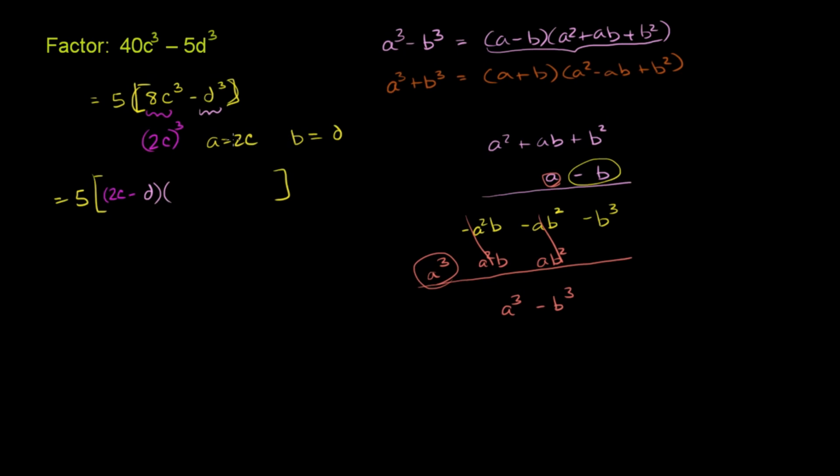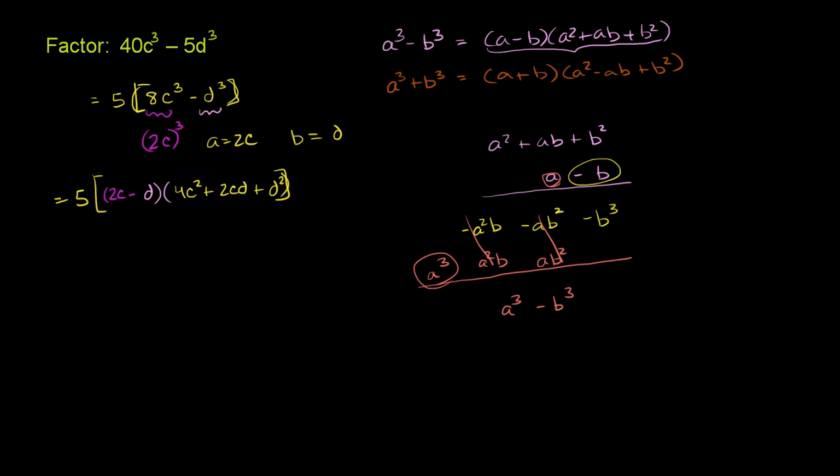So if we have a squared, that's 2c squared, or that's 4c squared, or 2 squared times c squared, either way, plus a times b, so plus 2cd, and then plus b squared, so plus d squared. And actually, I'm forgetting a parentheses over here. And we're done. And we know that we can get rid of those brackets.